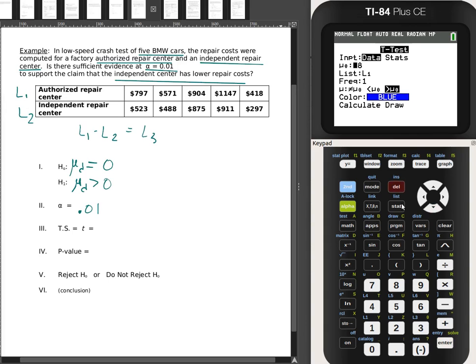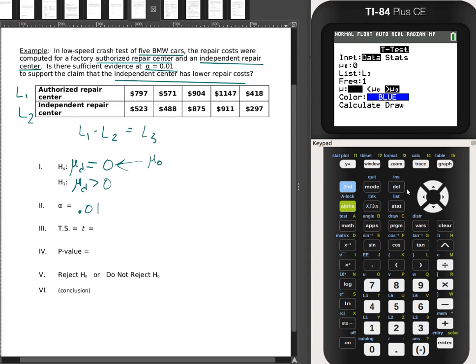Mu0, we should always pretty much have 0 here for our purposes of the matched pairs. Because of course, mu0, that's this number that we put. This is mu0. That's always the number that gets put into the null hypothesis. And then the list, it's asking which list has the data that we're going to look at. In this case, we need to use list 3 because that has the differences.